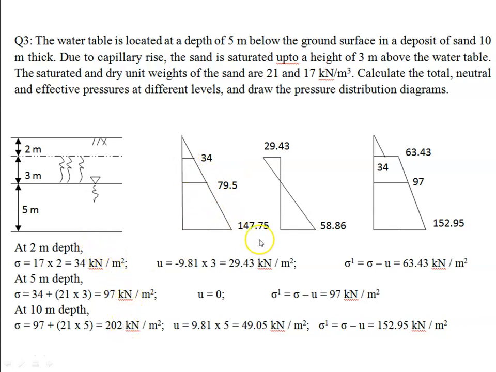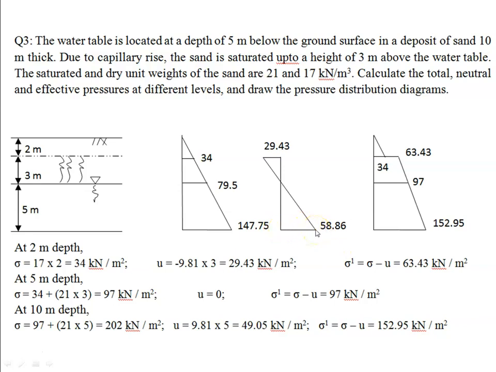Then when it comes to pore water pressure, at the top of the meniscus, due to capillary rise, it is negative. So that is the reason we had taken it on the left side of this vertical. And here it is positive. Below the water table, the pore water pressure due to weight of water should be taken as positive.